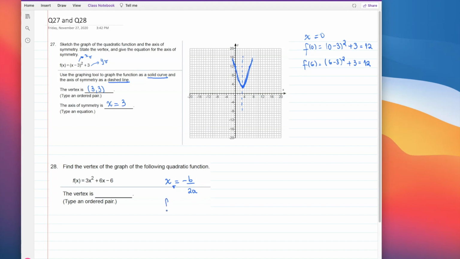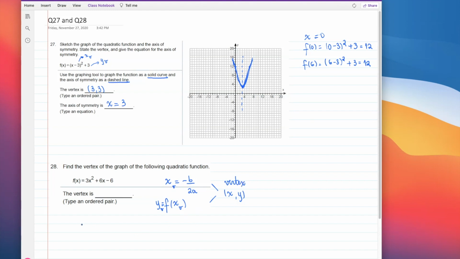And after you find the x of the vertex, you plug in this value for x in the function, and then you find the y of the vertex. With those two, you're going to have the point (x, y) for the vertex when it's in standard form.